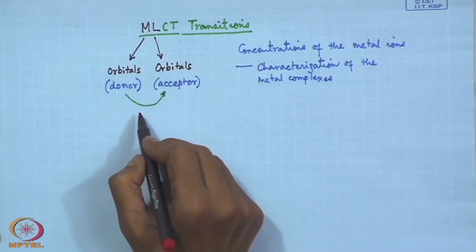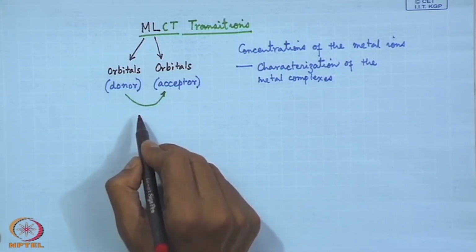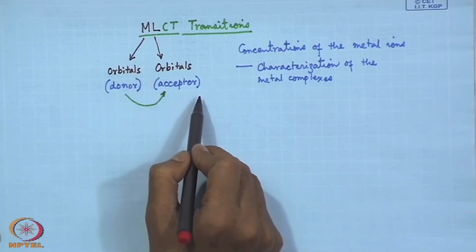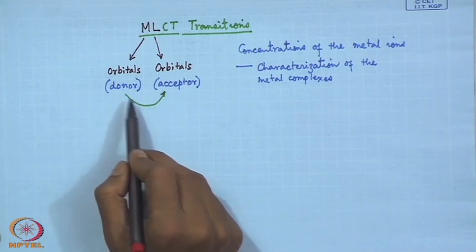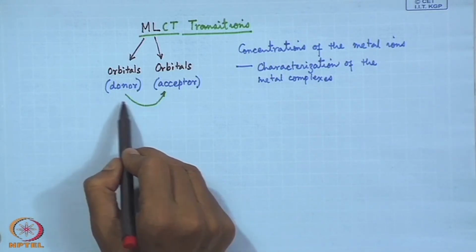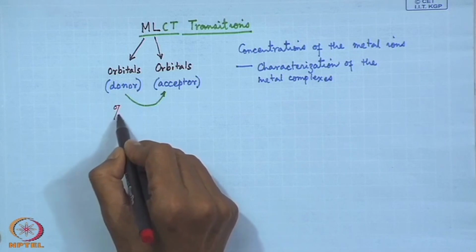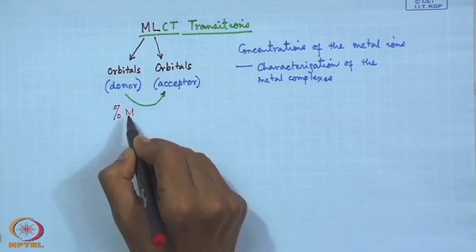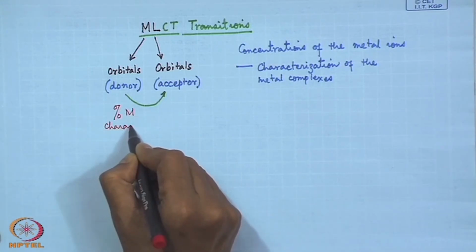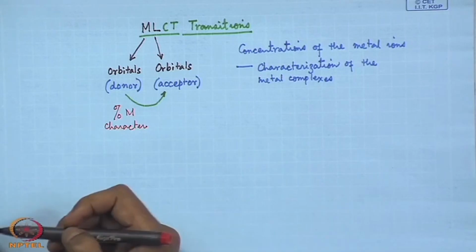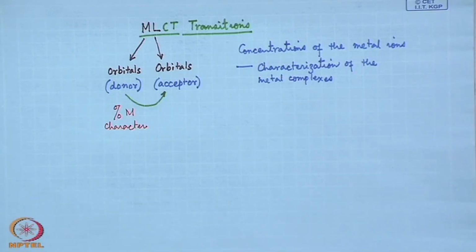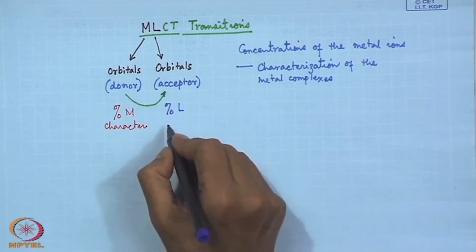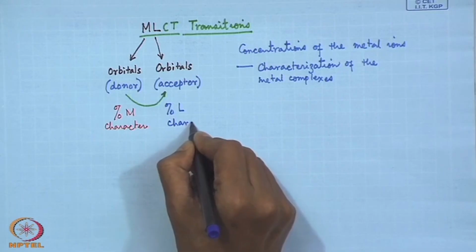But in the typical molecular orbital picture, some of these metal orbitals do overlap with the ligand orbitals, and we can have certain orbitals which are mainly of metal character, with a certain percentage of metal character, and in other cases mainly ligand orbitals, with a certain percentage of ligand character.